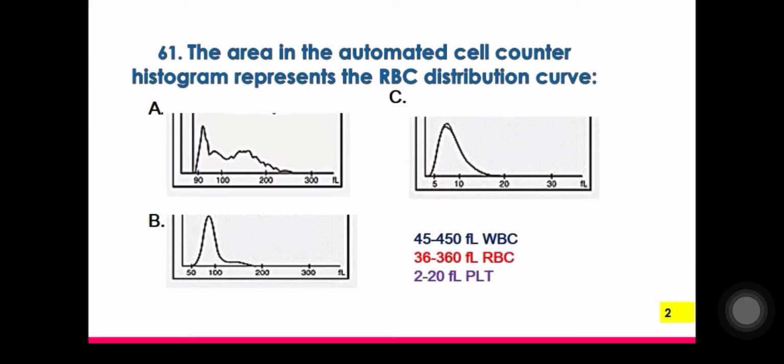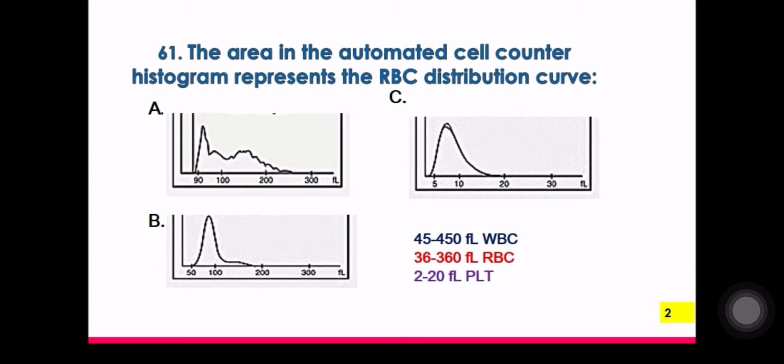Now remember the normal histogram values. The WBC histogram provides a count and plot of cells in the WBC aperture, and the normal WBC histogram ranges from 45 to 450 femtoliter.